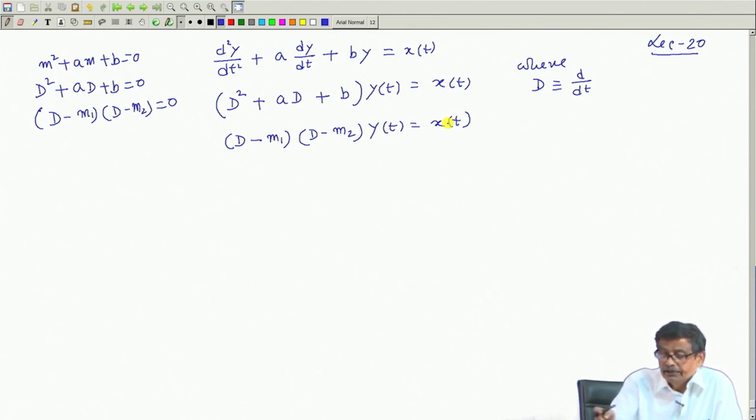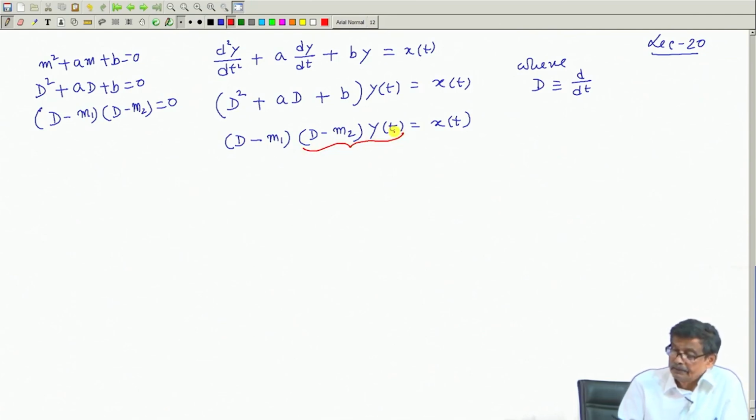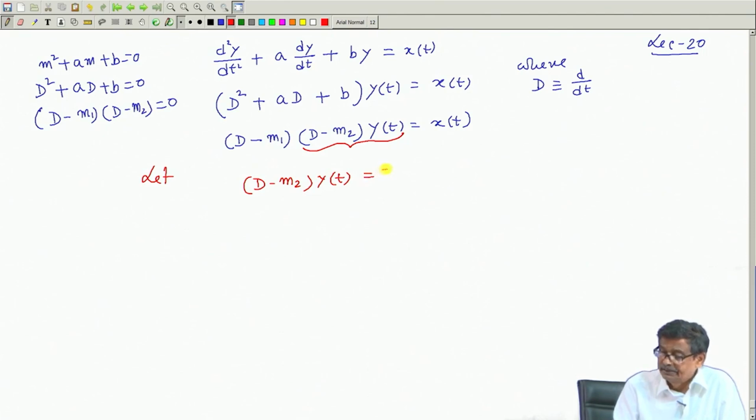Now, this second order system can be thought of as two single order systems. How? Let us see. Let (D minus m2) into y(t) be some z(t).